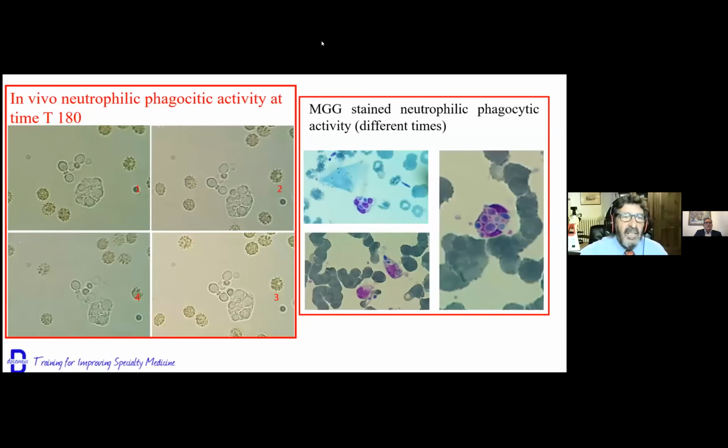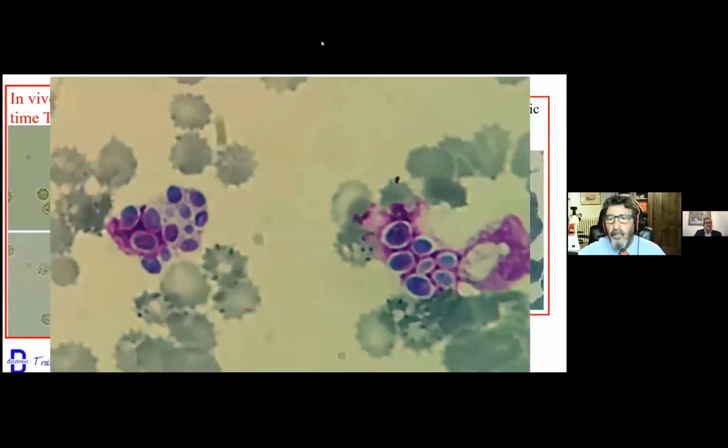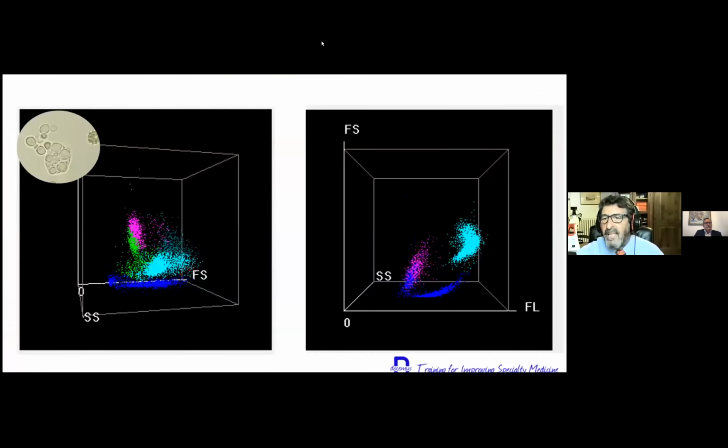After 3 hours, neutrophils have been full of Candida blastospores, as you can see in these two in vivo figures, the ones that have been enhanced in blue, and they are filled in until they burst.